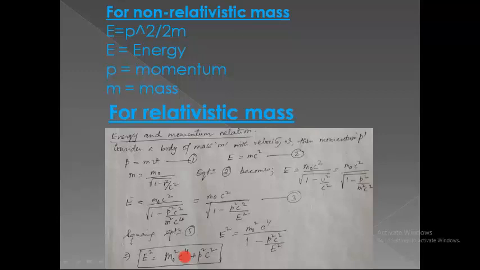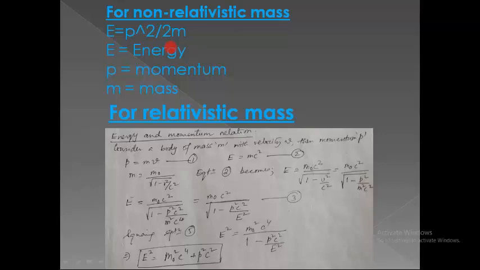So these two are important points that are required to study the Compton effect. Let me recap these two slides once again. The first point: if you have a body moving with some velocity not comparable to light, then the mass remains constant and the energy and momentum relation is this one, which is called non-relativistic.